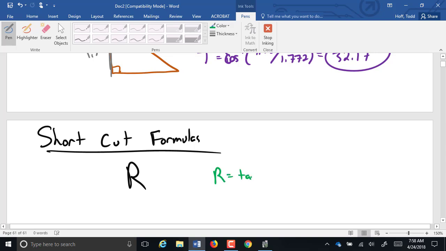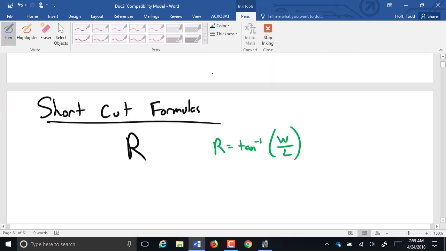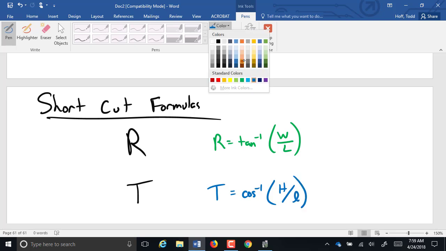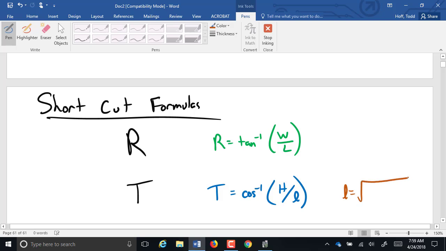R is just the inverse tangent of W over L. And T is the inverse cosine of H over little l, where little l, of course, is the square root of big L squared plus big W squared plus big H squared, right?